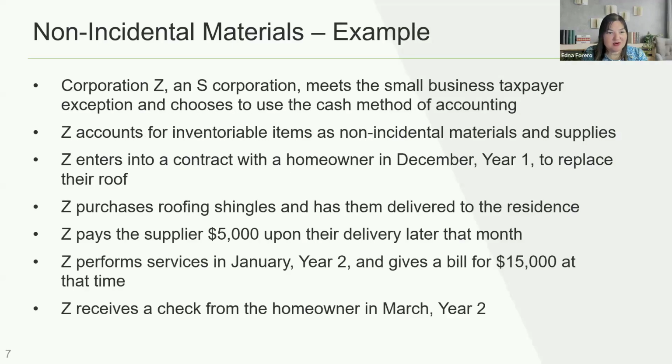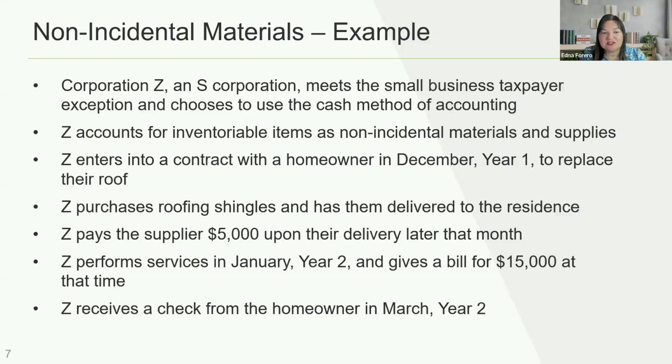So here's an example for you of non-incidental materials. Corporation Z, an S Corp, meets the small business taxpayer exception and chooses to use the cash method of accounting. Z accounts for his items as non-incidental materials and supplies and enters into a contract with the homeowner in December of year 1 to replace their roof.